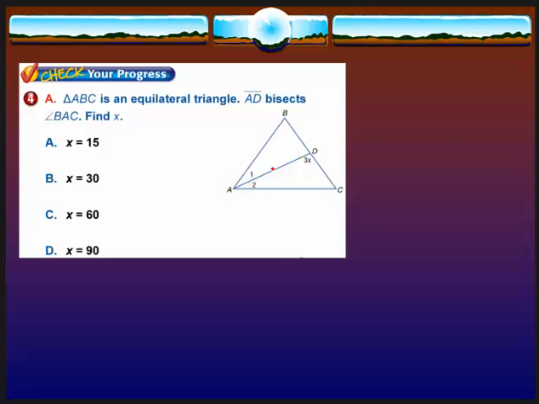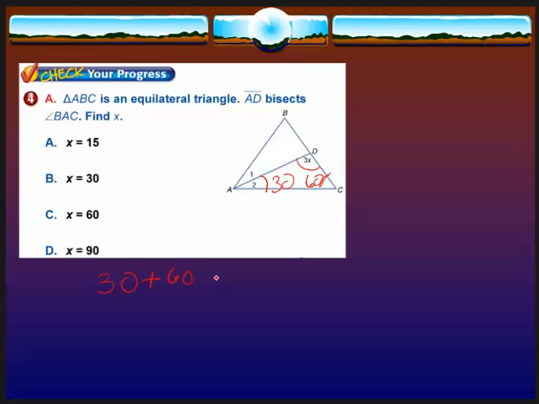Find X. Well, if it bisects, that means it cuts in half. So that means this has to be 30 degrees. What is this angle over here if this is an equilateral triangle? I hope you said 60. And then we're finding x. Well, in order to find x, we've got to find 3x. So what am I going to do to these three angles?